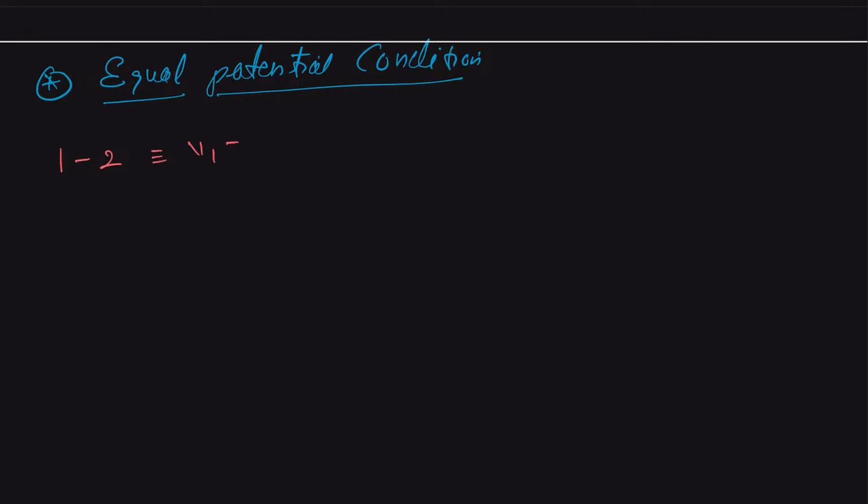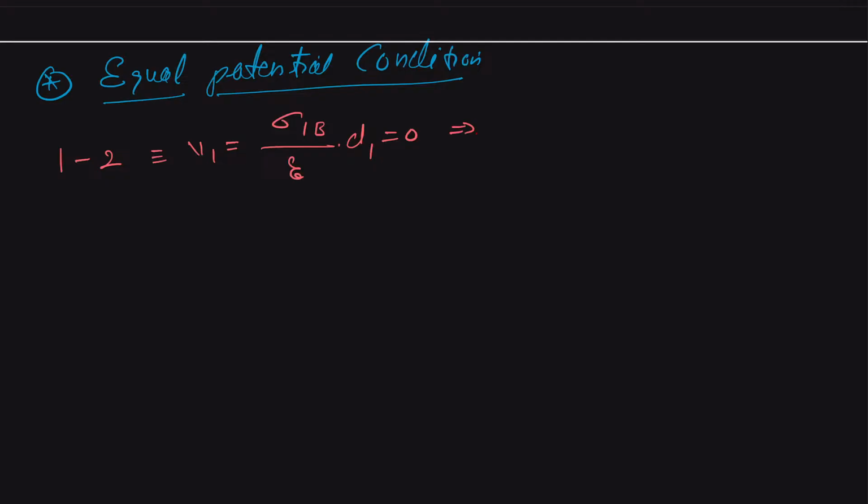So let us suppose this is our V1, and we can write this as the charge density at the bottom divided by epsilon naught and multiplied by D1 is equal to 0.